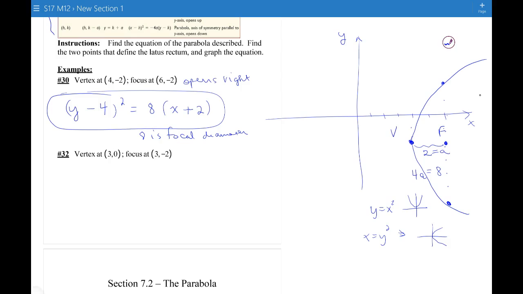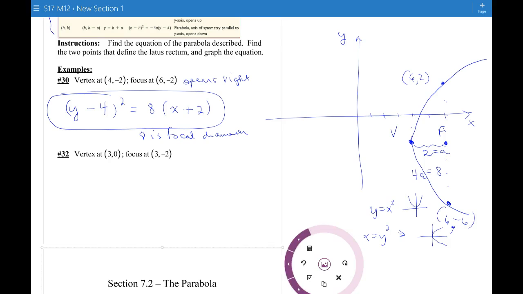And then I can look at my graph and say 6, 2 is one of the points on the latus rectum, and 6, -6 is the other point on the latus rectum. Notice they're lined up in the x direction, so they have the same x coordinates, but their y coordinates are 8 apart, so I feel sure that's correct.